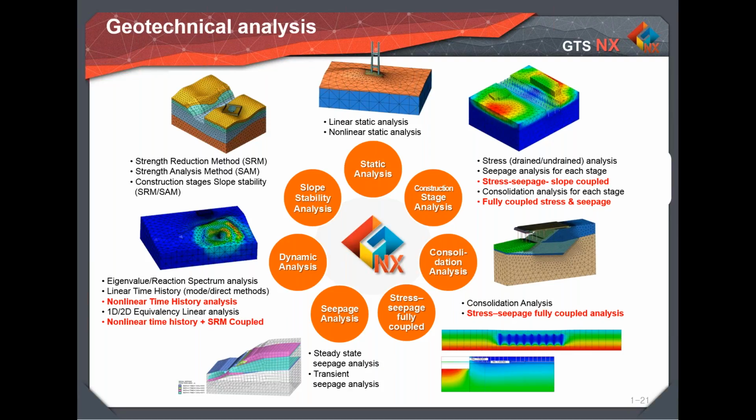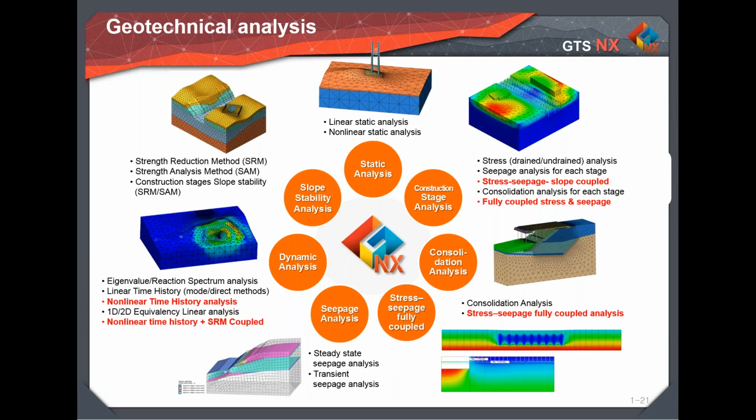So we couple two types of analysis. We first perform seepage analysis, which gives an idea of how exactly the seepage is going to take place and the pore pressure distribution, and then we run the slope stability analysis. You can also perform a simple stress analysis to study the effect of seepage.